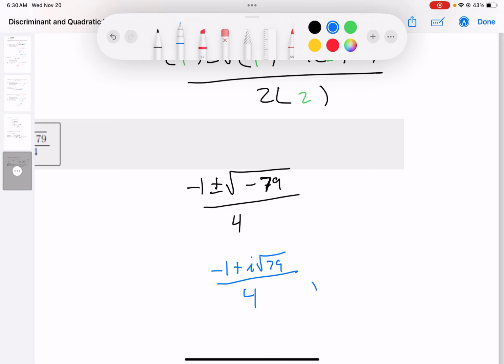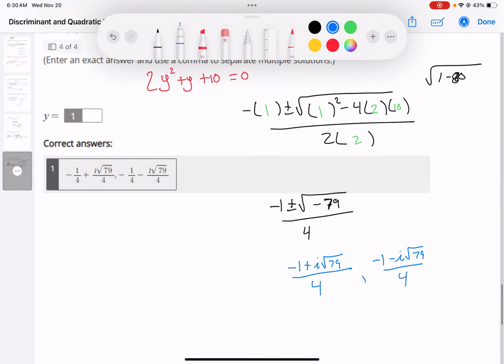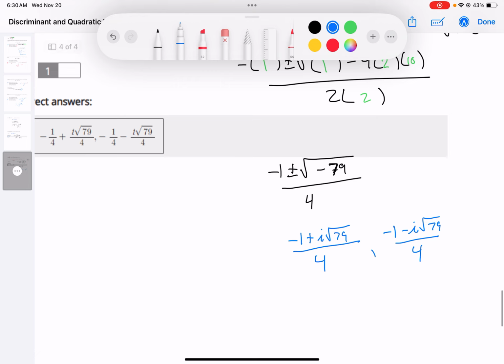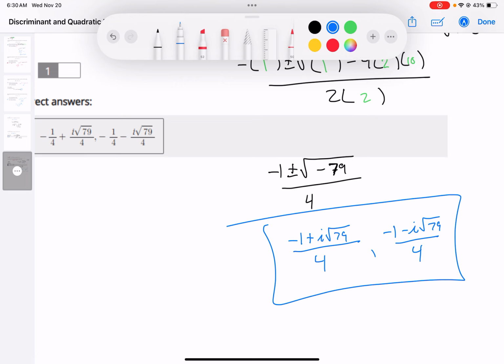And then I got a second answer where it's negative 1 minus i root 79 over 4. It writes it a little bit differently. It writes it as 2 fractions. I think either one of these will work. I like to keep it as just one denominator, but since we have a common denominator right here, they essentially mean the same thing.